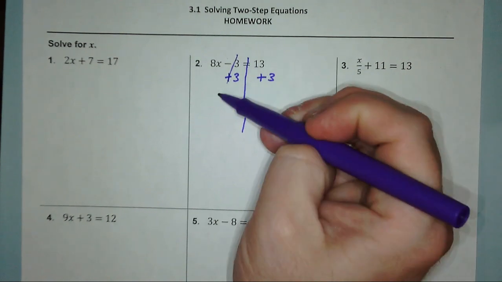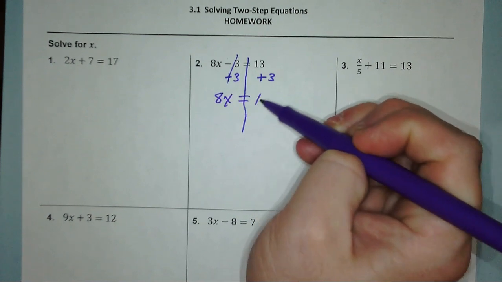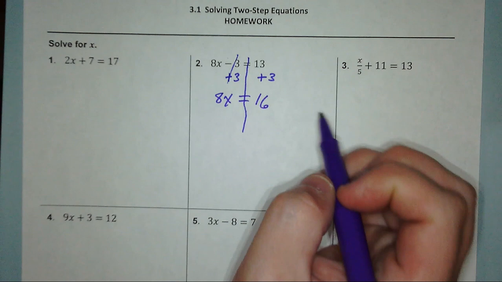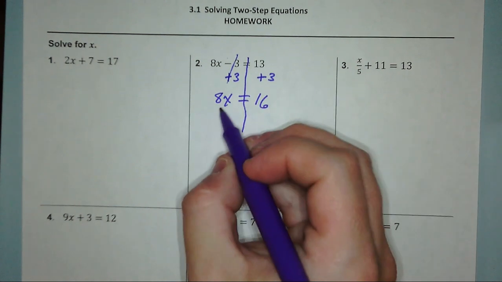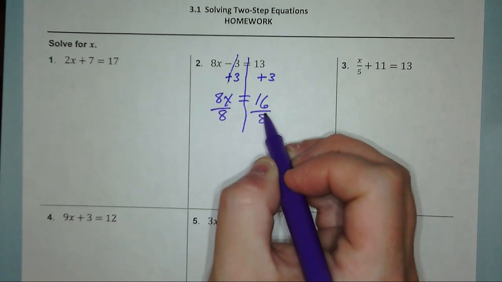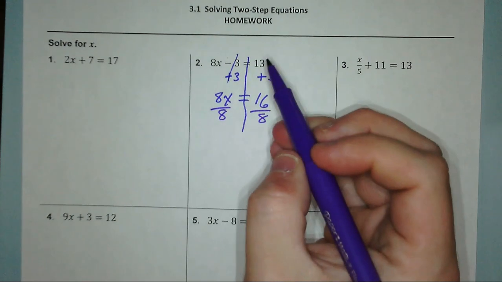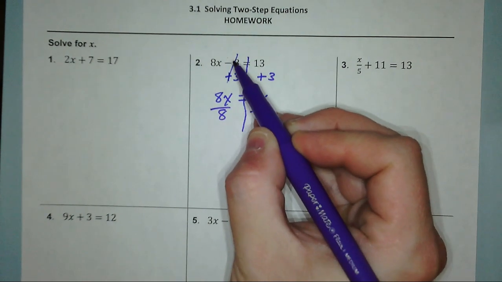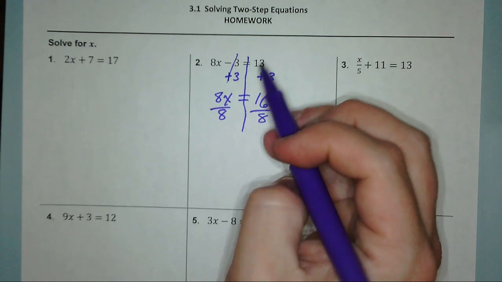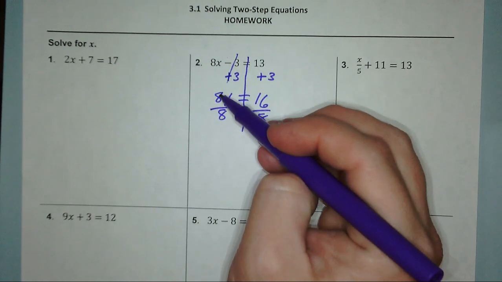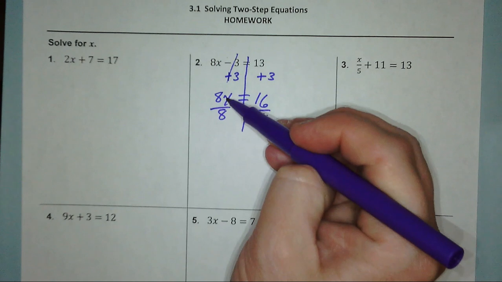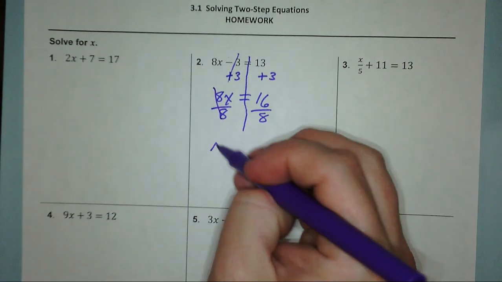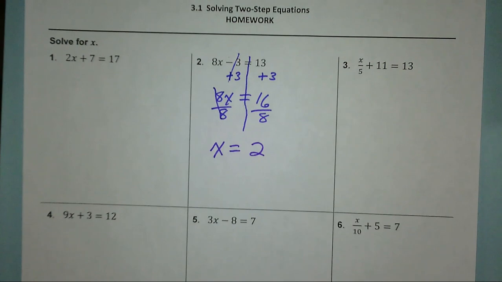That leaves 8x over here, and the right side becomes 16. Jesselyn, what's the next thing to do? Divide both sides by 8. Very good, because what you want to do is the opposite. Jesselyn added 3 because that was the opposite of subtracting 3. Now she wants to get the 8 out of there, and if it's 8 times x, the opposite is dividing by 8. That leaves x all by itself, and the other side is 2.